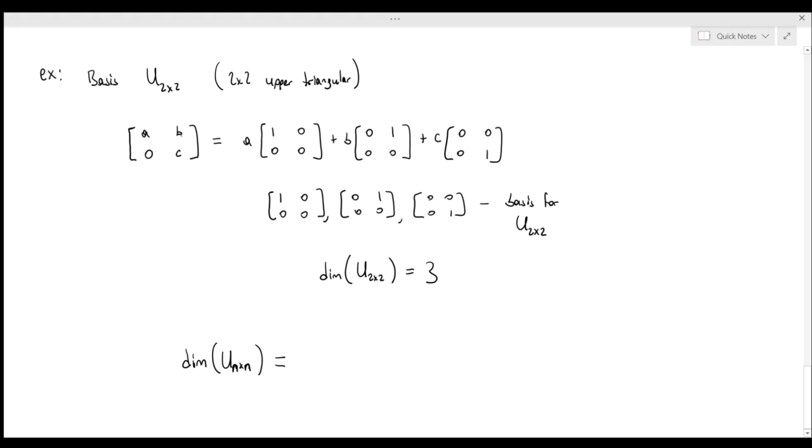Like here, because we used 3 letters, that's why we ended up with 3 basis vectors. So we want to count how many letters we would need to use to represent an upper triangular matrix. Okay. So we need to use n letters because there are n diagonal entries.